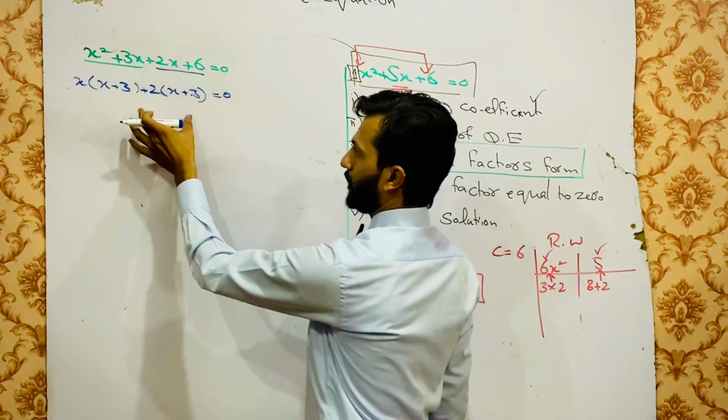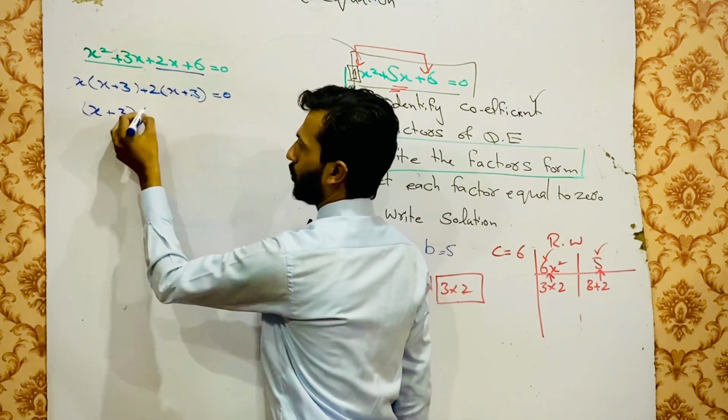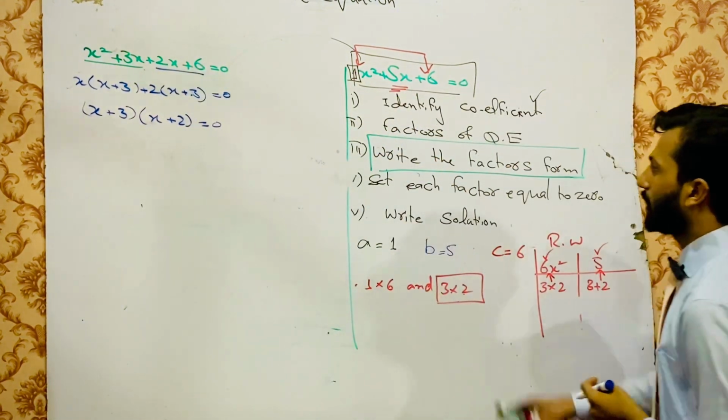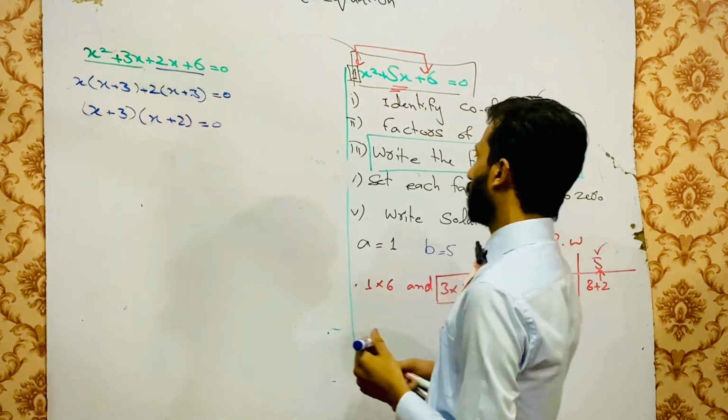Here x plus 3 is a common factor. The remaining is x plus 2. The factor form is x plus 3 into x plus 2 is equal to 0.